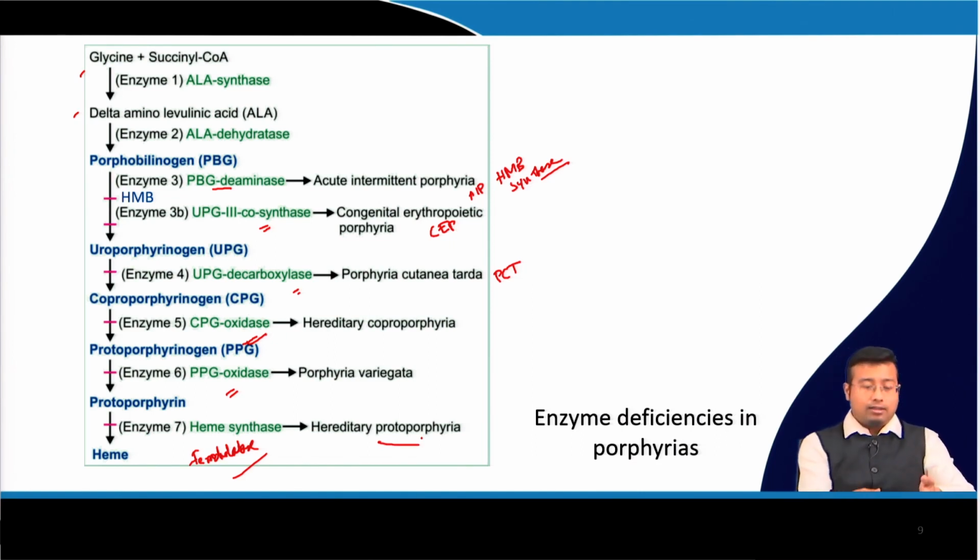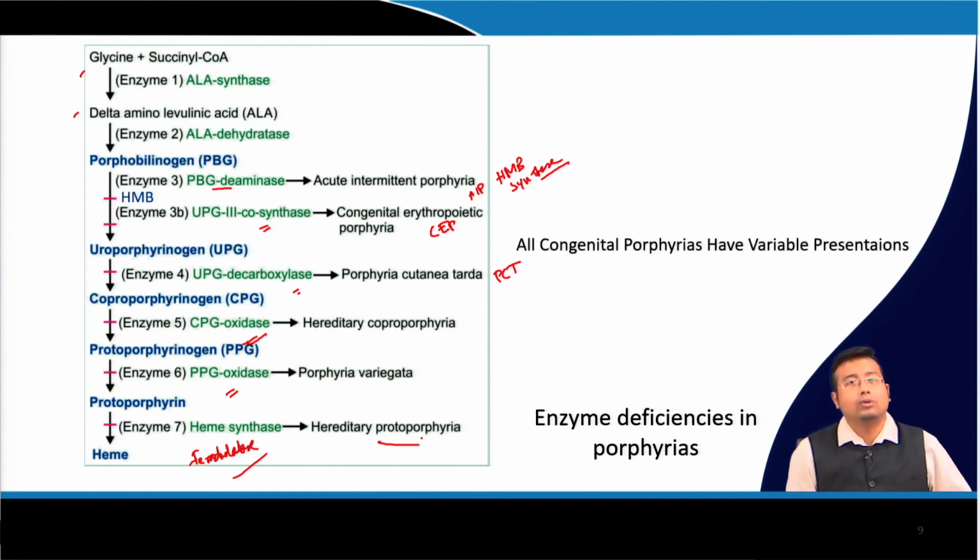So again there are a lot of names that you need to remember. Well, you can remember them by memorizing this phrase: all congenital porphyria have variable presentations, okay. So how does it help you to remember?